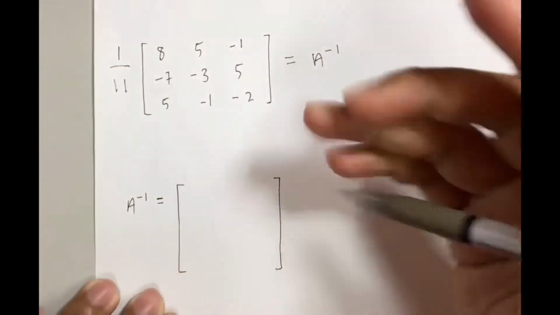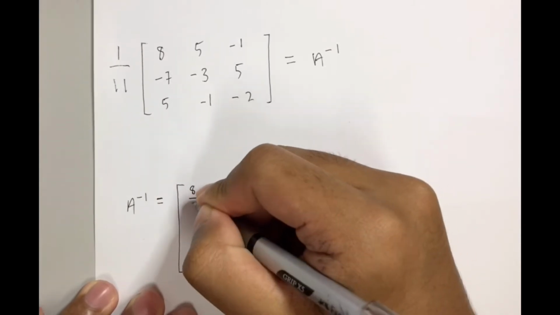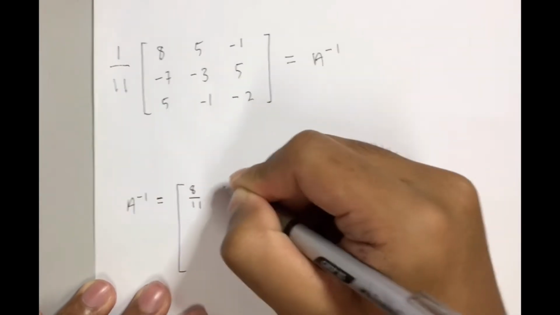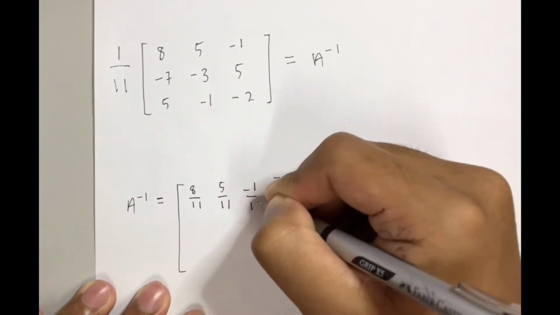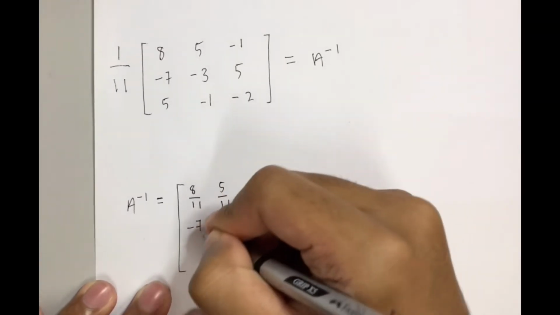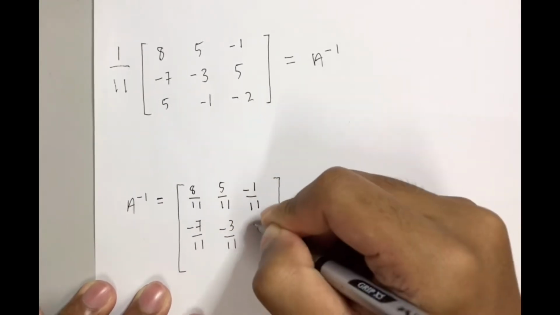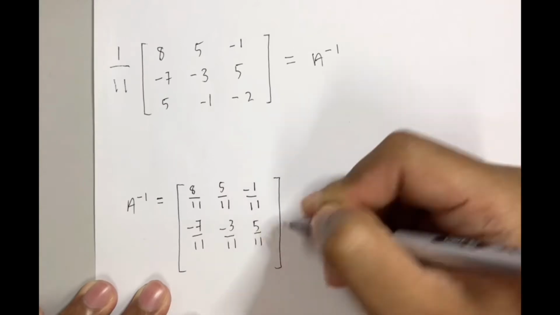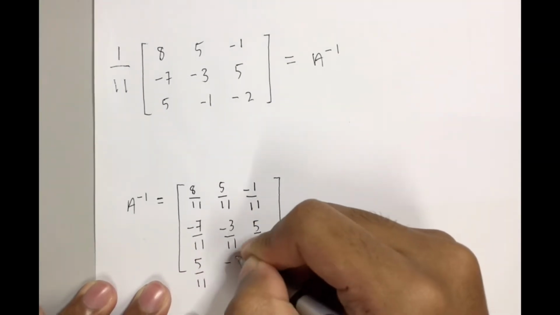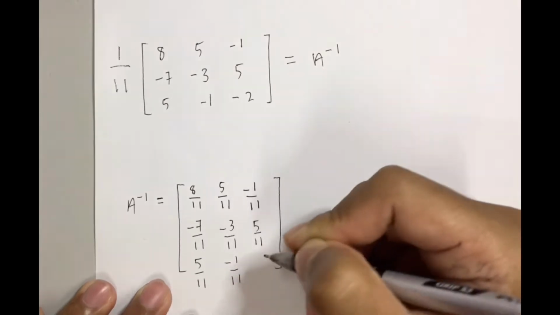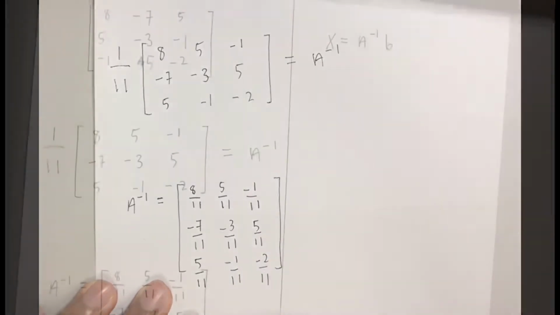Calculate this and you will get 8 over 11, 5 over 11, negative 1 over 11, negative 7 over 11, negative 3 over 11, 5 over 11, 5 over 11, negative 1 over 11, negative 2 over 11.